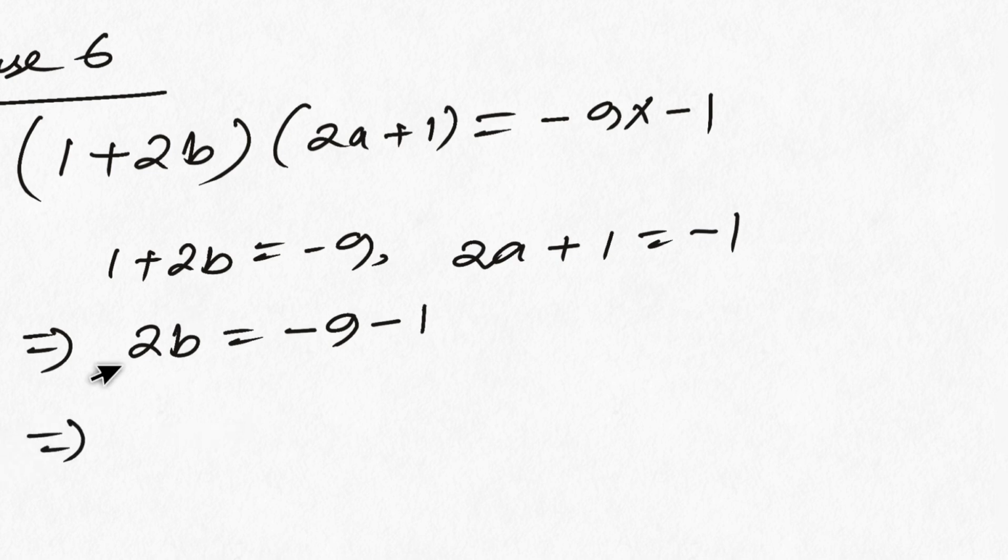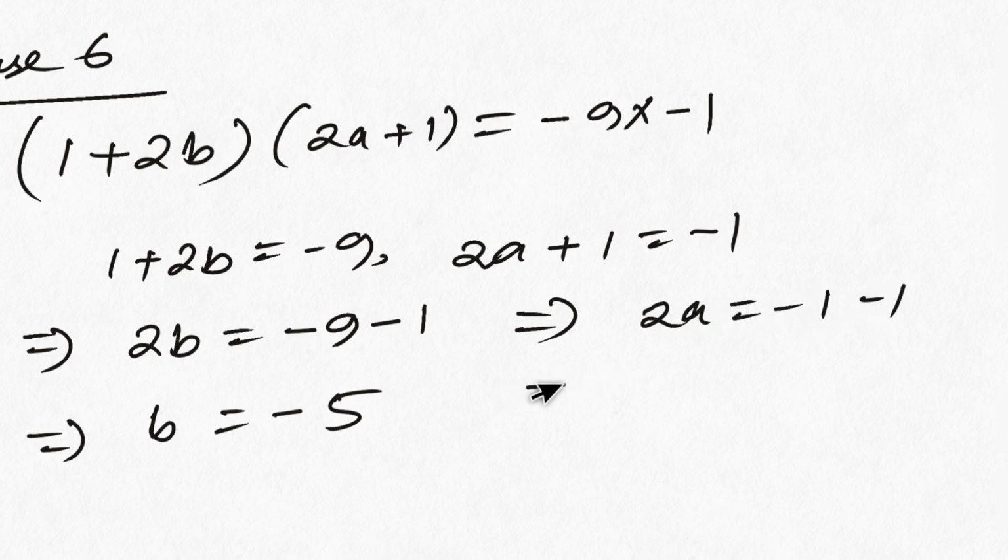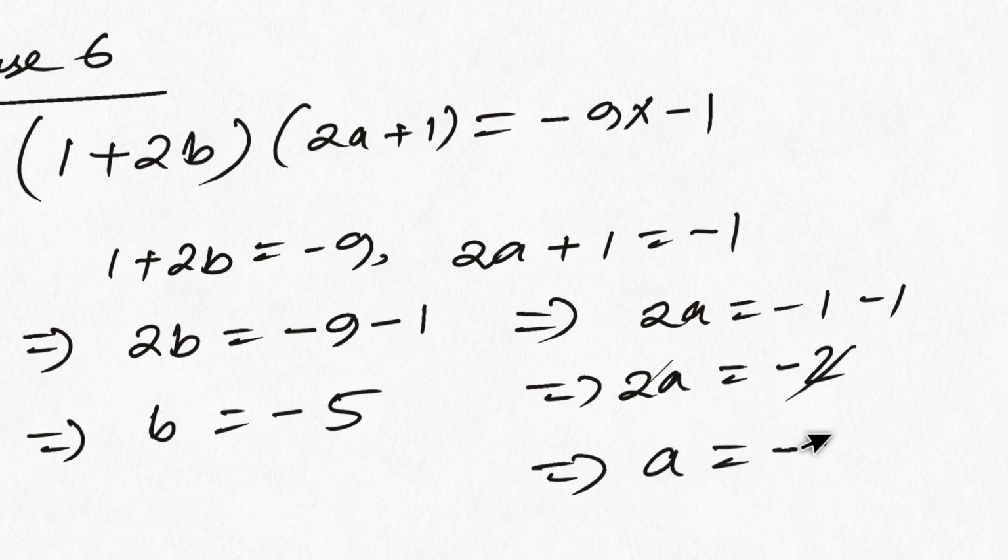The next step shows b equals -10 divided by 2, which means b equals -5. For the a part, 2a equals -1 minus 1, so 2a equals -2. Dividing by 2 gives us a equals -1.